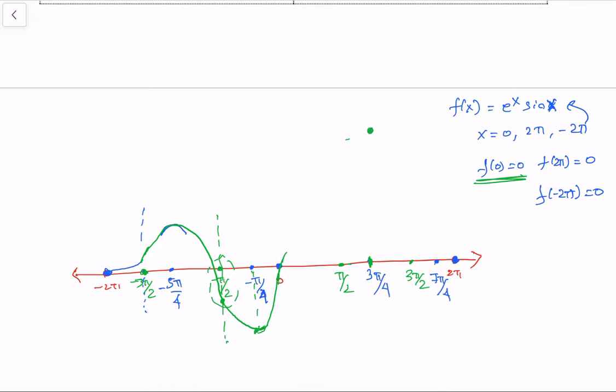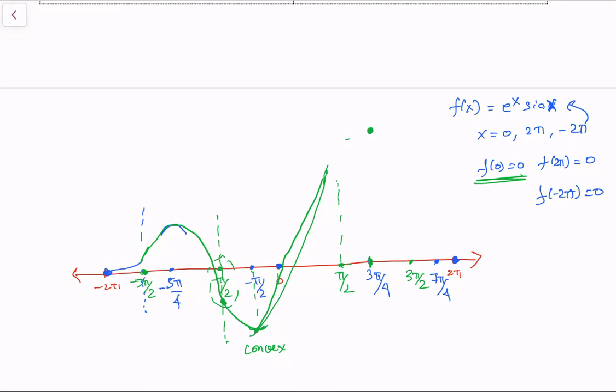But in between, obviously the function is convex from negative pi by 2 to positive pi by 2. So the function is convex up to that. So let's draw it a little bit more carefully. It's convex. So maybe it's a little like this.